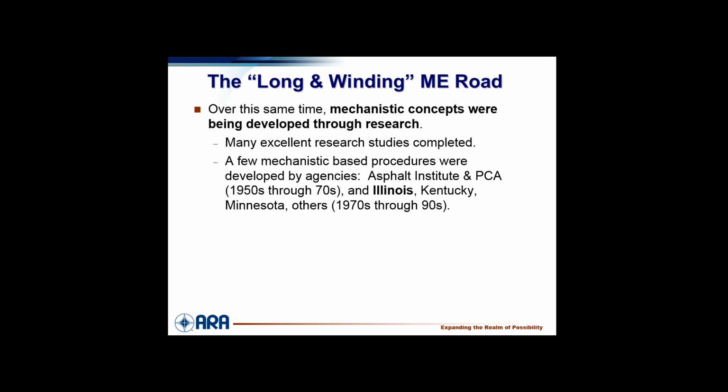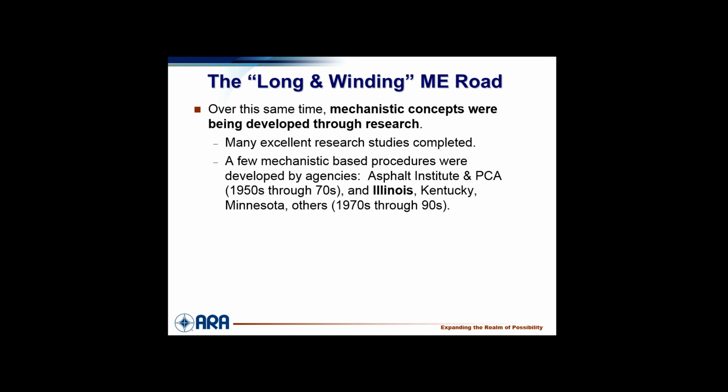And then at the same time, in the 60s especially, 70s, 80s, there was a huge amount of great research going on, here at Illinois especially, and a few other universities around the land, doing mechanistic and fundamental research into finite element and fatigue, permanent deformation, soil, all kinds of properties, and predicting. All that was going on around.